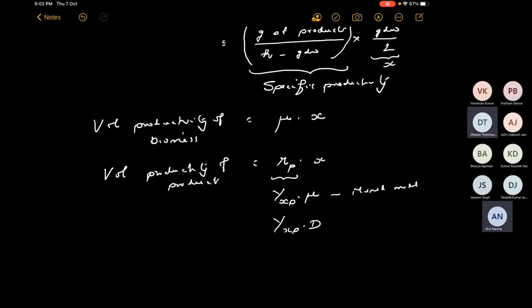I used the fact that X is equal to Y times (SF minus S), and since we already know S in terms of D, which is KS D upon mu m minus D, I put that into the equation.